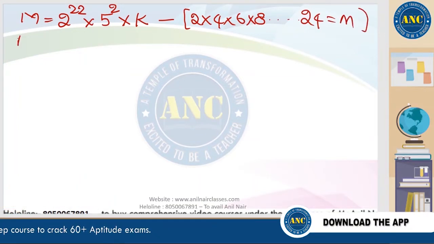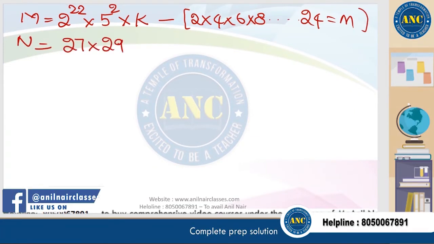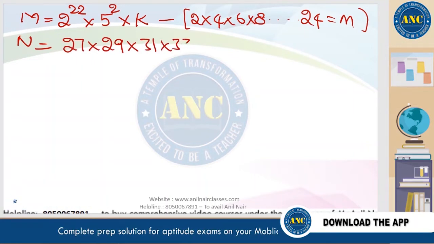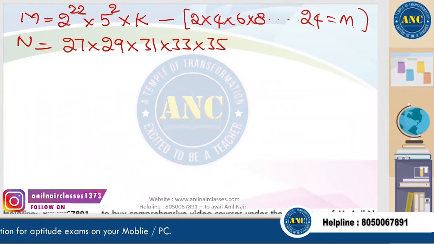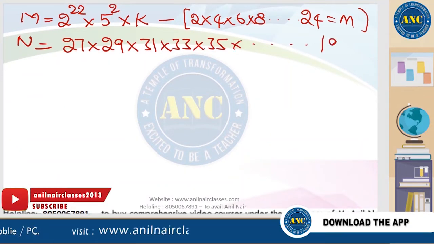What is the N value given? N is the product of odd numbers till 200: 27, 29, 31, 33, 35, and so on up to 199.